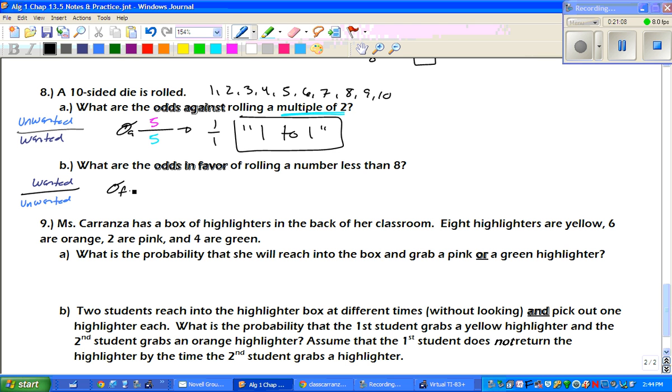The numbers less than 8 are 1, 2, 3, 4, 5, 6, and 7. So 7 over your unwanted, which would be 3. Can we reduce that? Nope. So 7 to 3.